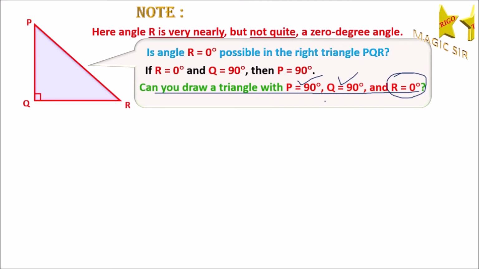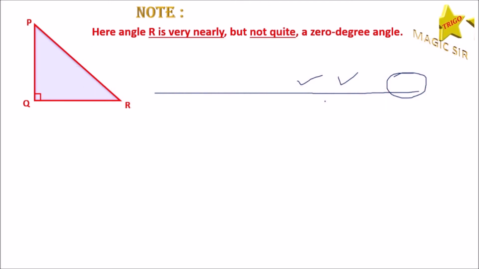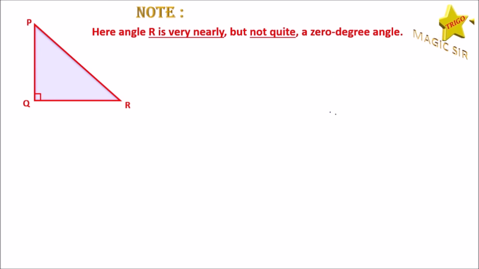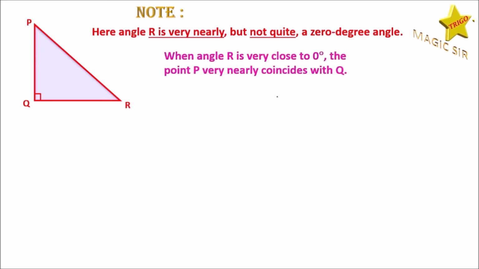So in triangle PQR, R equal to 0 degree is not possible. So we take angle R approximately equal to 0.